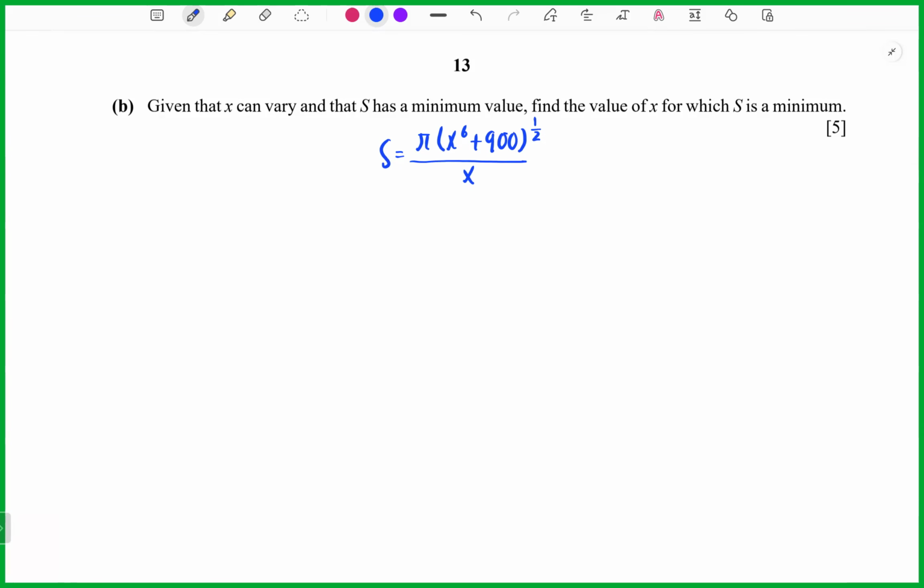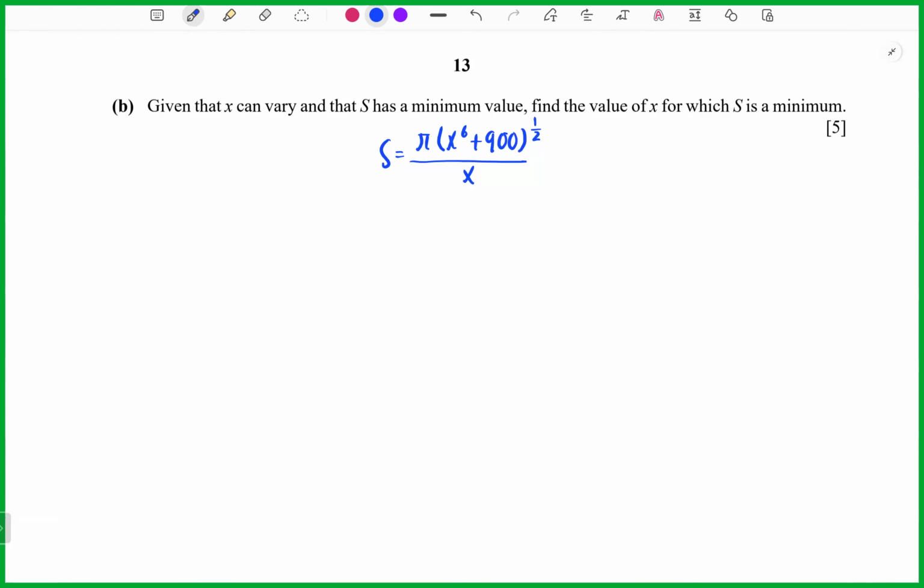So what should you do for this equation? Actually, you can use the quotient rule to solve this equation. Or you want to use the product rule also can, but I just want to use the quotient rule. So let's start.